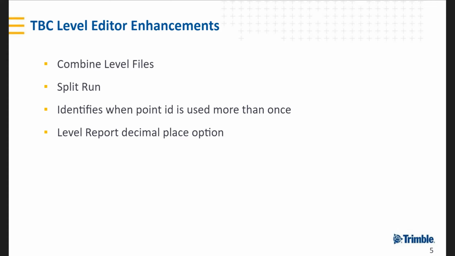A good feature now is identifying the point ID that is used more than once, so identifying the duplicate points that the level editor addresses. And then in the level report, decimal place options for the reporting.